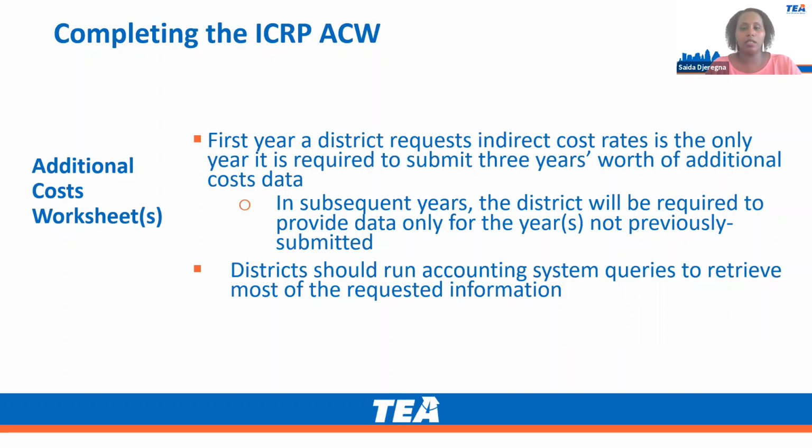In subsequent years, the district will be required to provide data only for the years not previously submitted. So districts should run accounting system queries to retrieve most of the requested information. In a few slides, we'll be looking at examples of what kind of accounting system queries you'll need to run to complete the workbook.